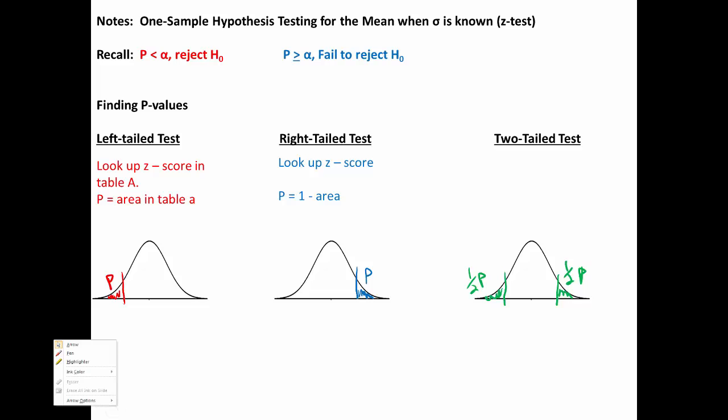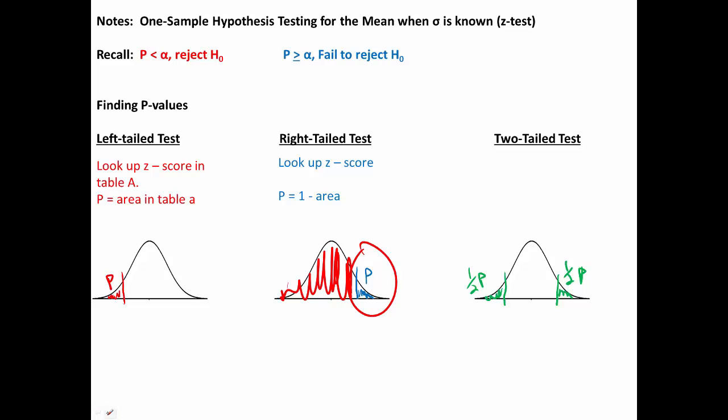They're giving you this area when you look it up in the chart. That's not what you want. You want the right tail. So what's the difference between the red and the blue? 1 minus the red equals the blue, right? So that's why we got to do what we got to do there.